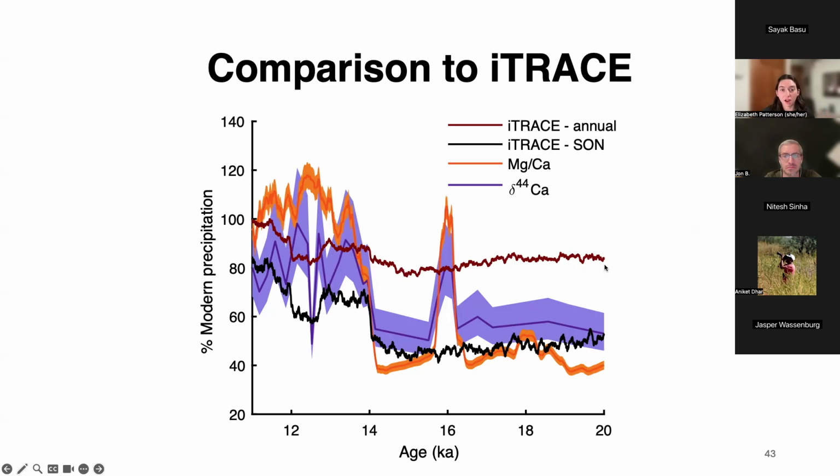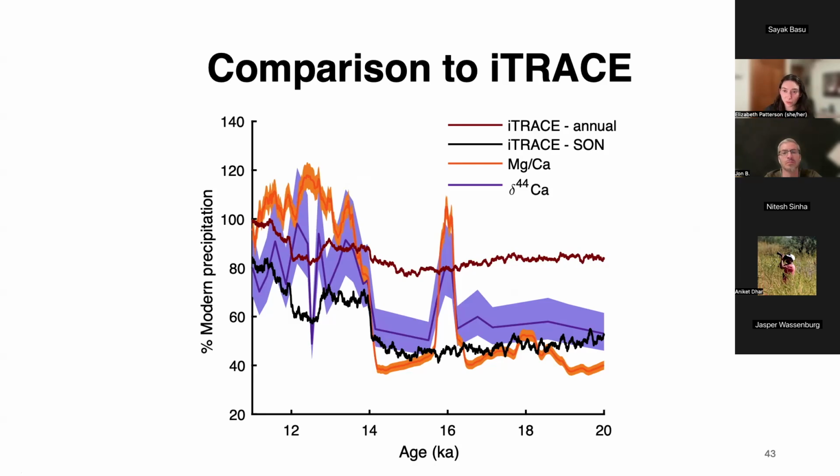But when we look at just autumn rainfall, we see that it agrees with what the proxy records are showing. It's showing a decrease in autumn rainfall of about 50%, which is pretty exciting. And the reason why I think the annual rainfall is so wet is because of that summer bias. So if we just looked at the annual rainfall, we wouldn't think iTrace was doing a very good job. But if you factor in just the autumn rainfall, it looks pretty spot on, which is exciting.